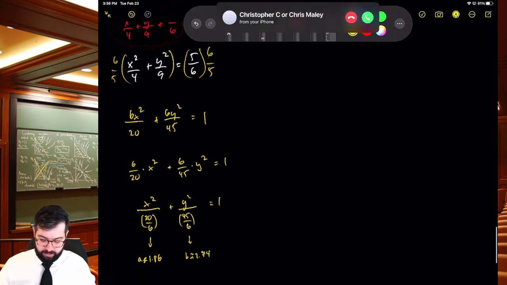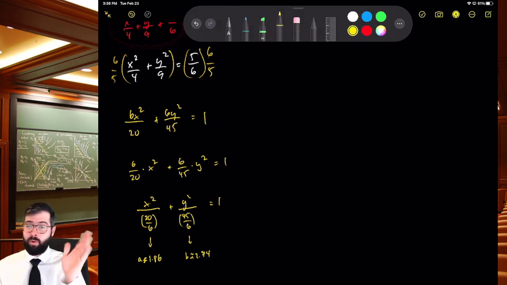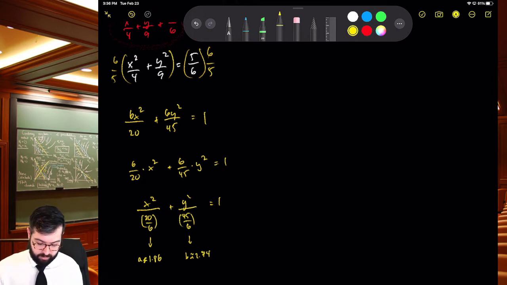So what does that mean? This is an ellipse with intercepts on the x-axis of 1.86 and negative 1.86. So x equals plus and minus 1.86, and then y equals plus and minus 2.74.